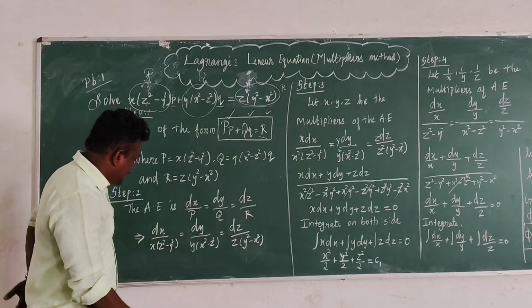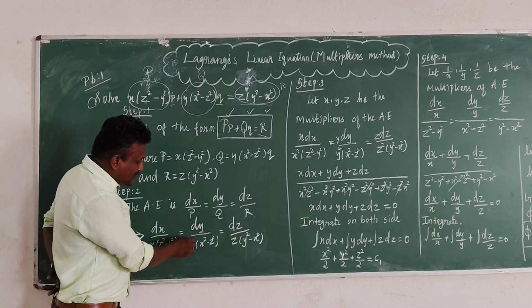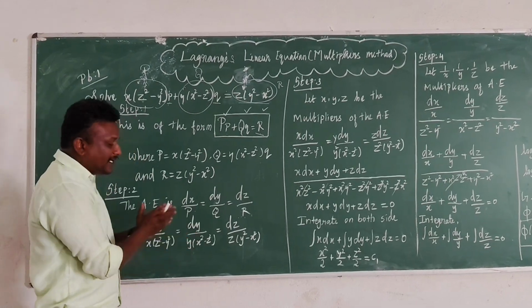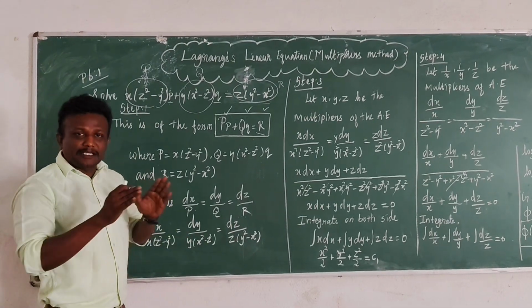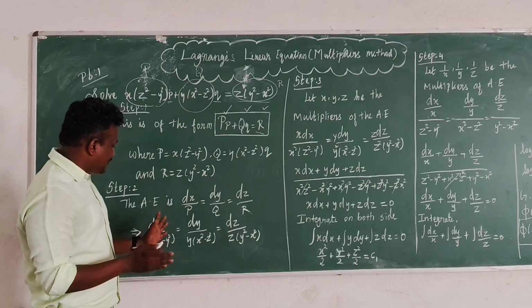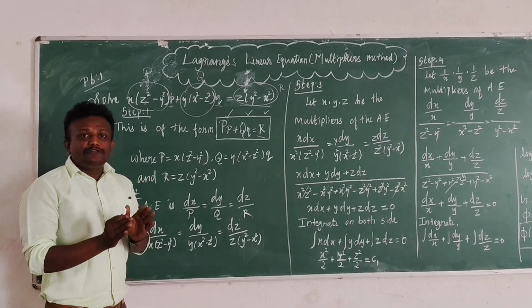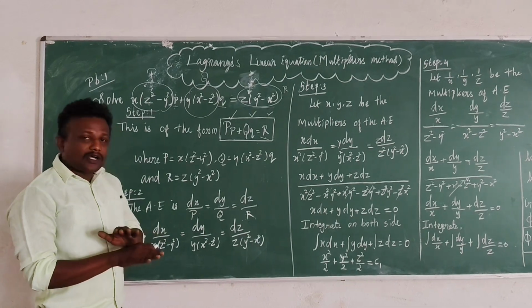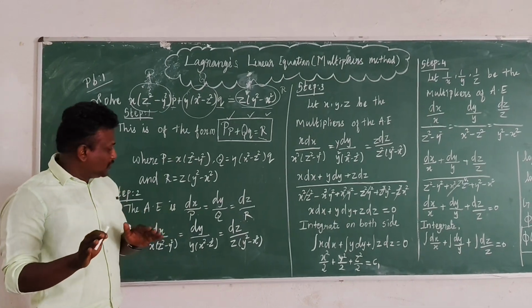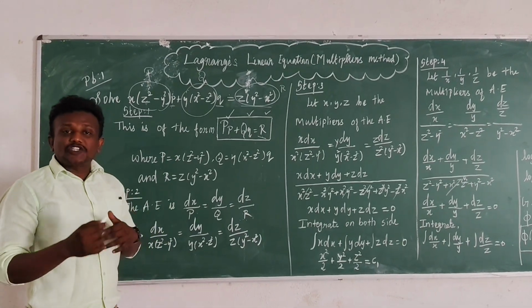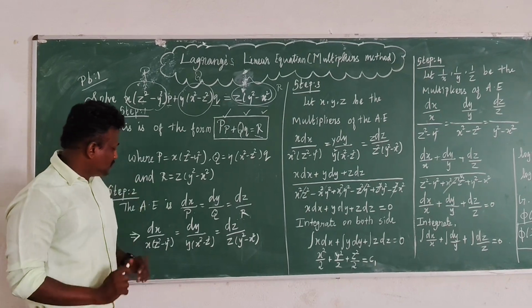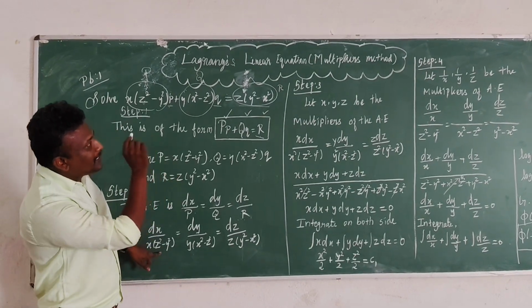So let us see here. I am just separating the variables. If the variables are separated into different parts, then you can use the grouping method. If you cannot separate the variables, you can't use the grouping method, and instead you have to use the multipliers method.